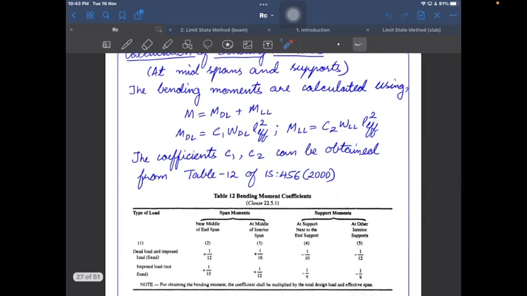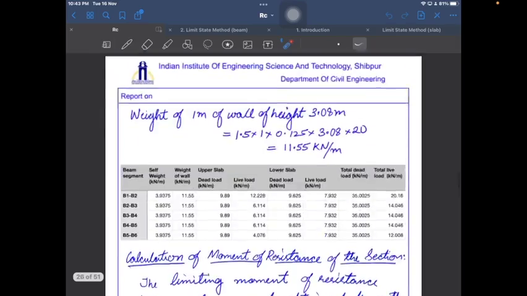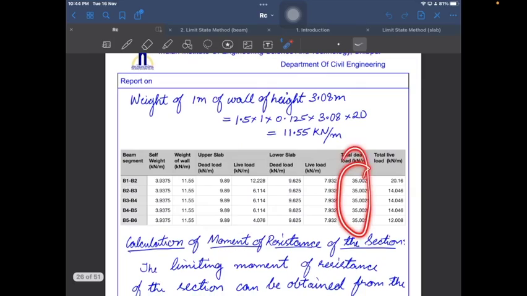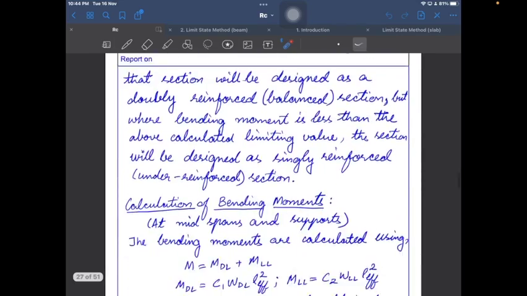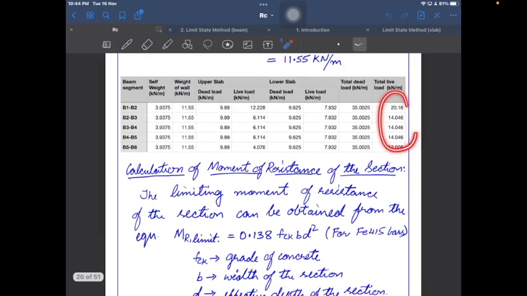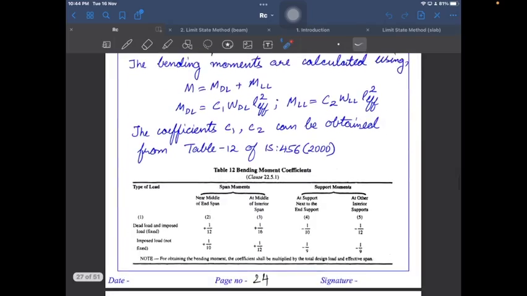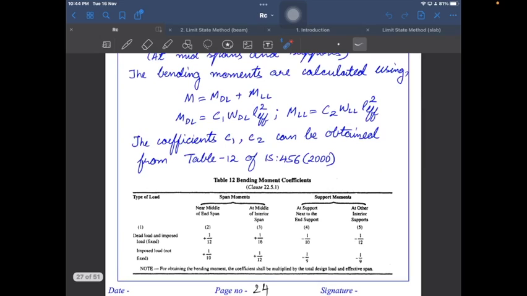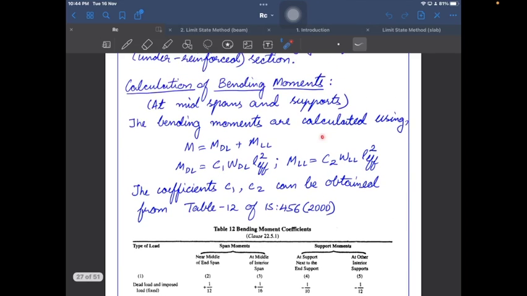This dead load is nothing but from here, and this live load is nothing but from here. Based on these formulas, we get moments at mid spans. We have got coefficients for moment at mid spans and moment at supports.